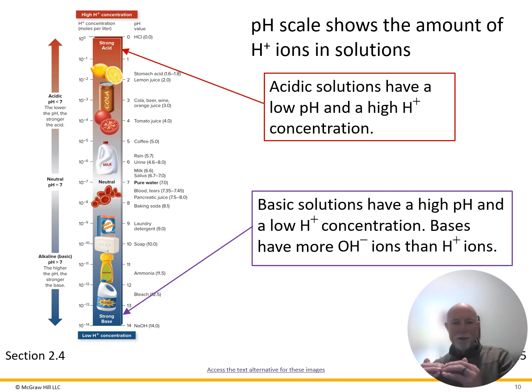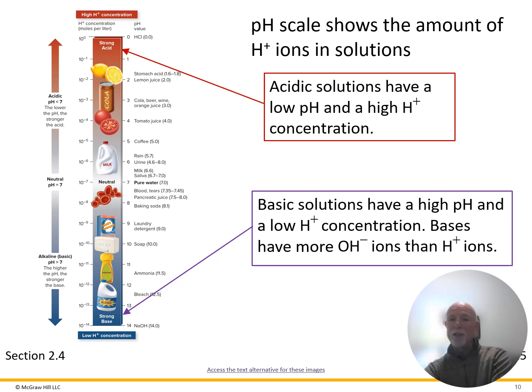It's rather neutral. Acids on the upper end of the scale here, or the lower numbers, they tend to have high concentrations of what we call hydrogen ions. Now, you can tell what's happened to this hydrogen. Take a minute and look at it. It's a hydrogen that has a positive charge.